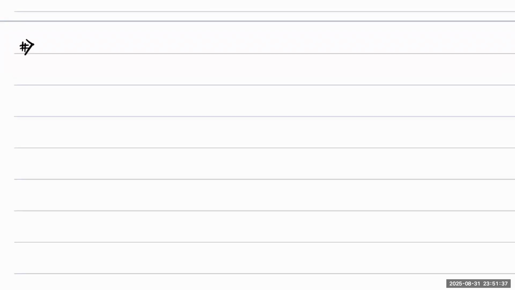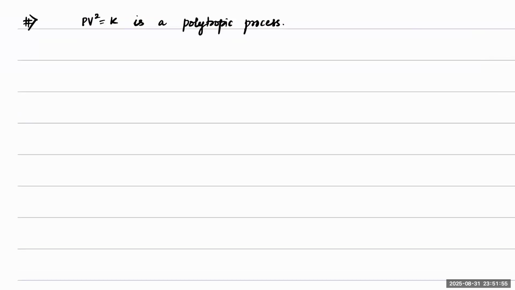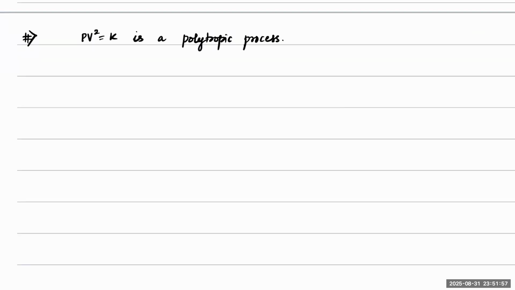Suppose I give you that PV raised to power of 2 equal to constant is a polytropic process. If this is the graph, clear? Now for this process, how does it impact an expansion?